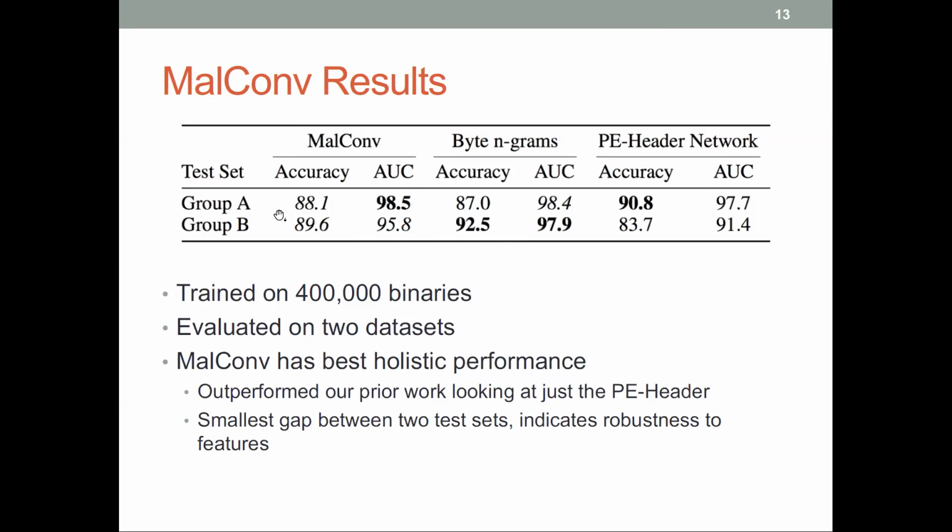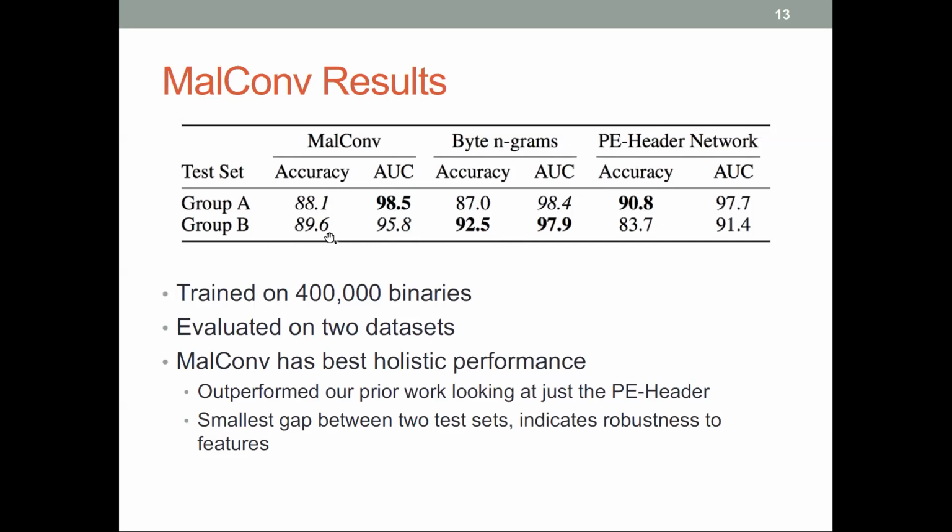Now you can see that the results, at least on the face of it, don't seem to be very impressive. The best accuracy among these models for group A is obtained by the PE header network. For group B, the best accuracy is obtained by the byte n-grams model.